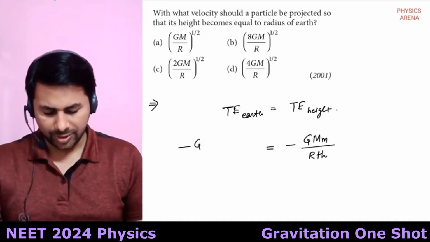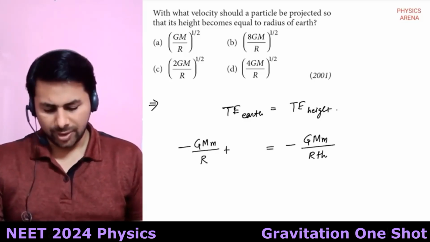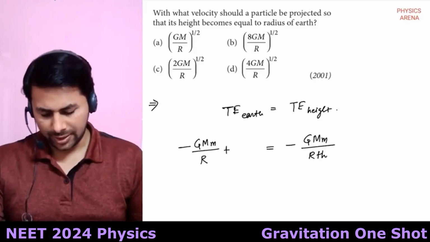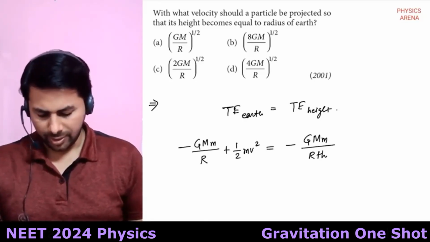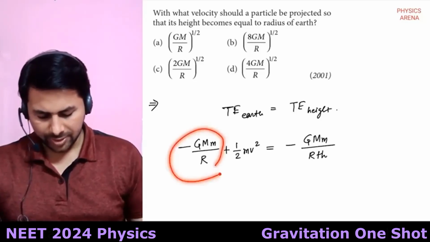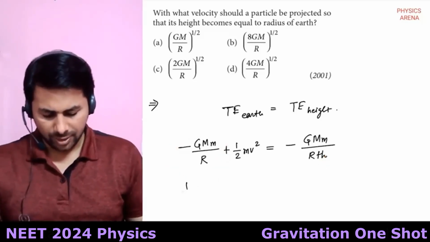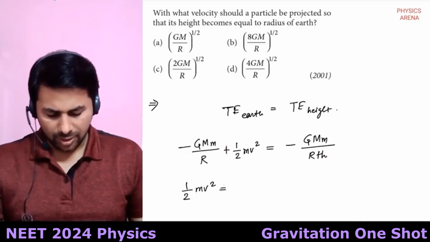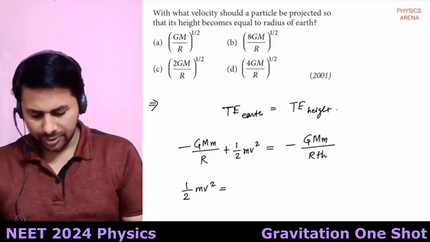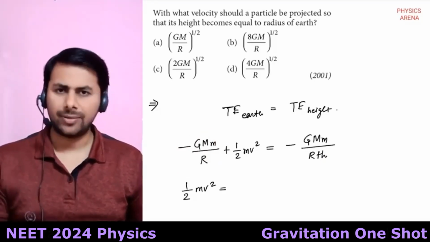So it is minus of GMm upon R, this is potential energy, plus you have kinetic energy, and you want to find out velocity, it is half mv square. Okay, take this thing on the other side, h is equal to R, you have half mv square is equal to, this will become positive, GMm upon R minus GMm upon 2R.